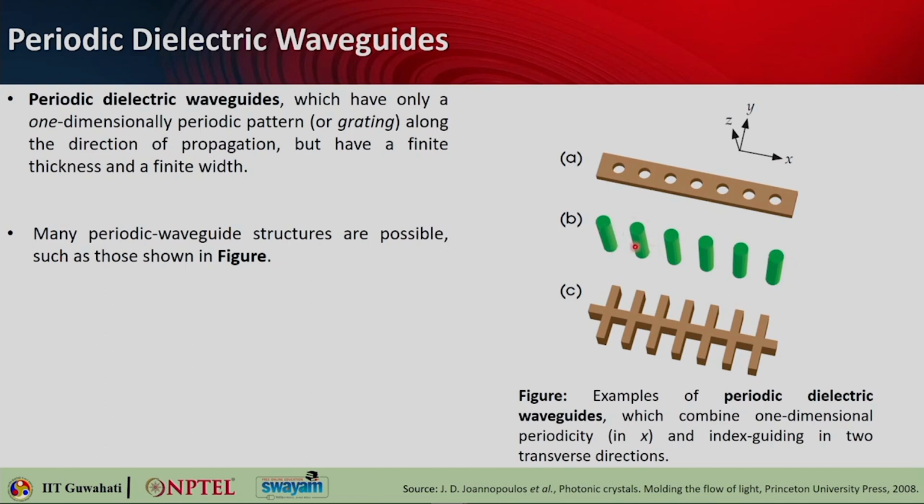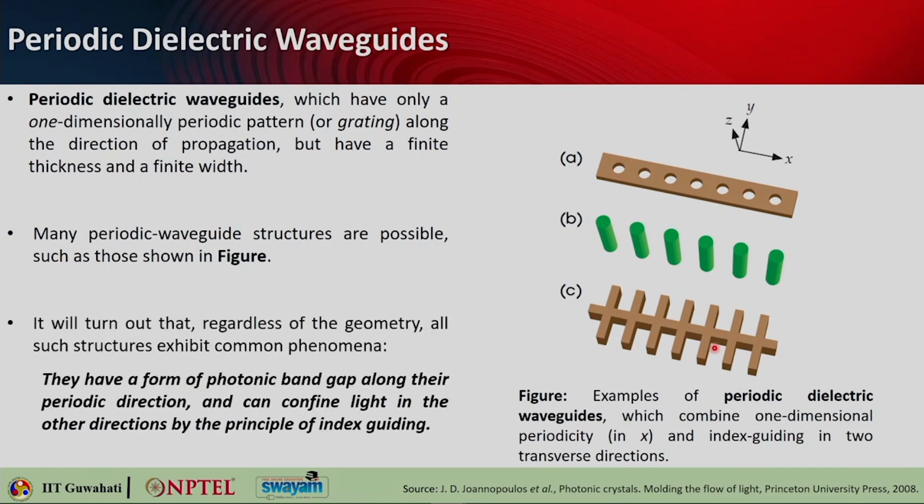While the periodicity is along this x direction, the index guiding is possible in the z direction, because it is a high index material surrounded by low index air, so you will be able to guide modes along the length of this wire. That is how index guiding can take place along the z direction, and in this case it is periodic along x, and the index guiding can take place along the other transverse direction, that is the y direction.